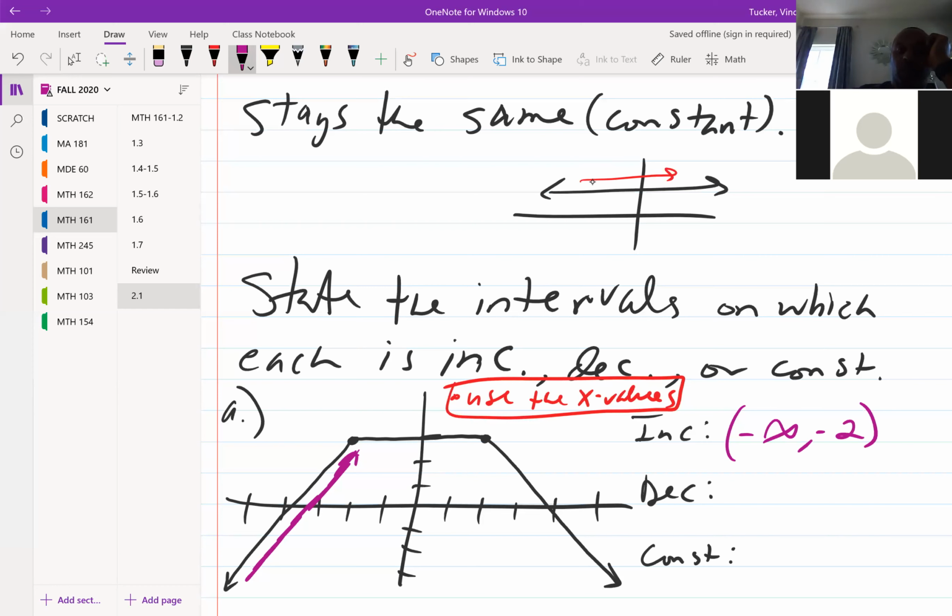This is where it stops, as far as x is concerned. Then from -2 to 2, it's constant.